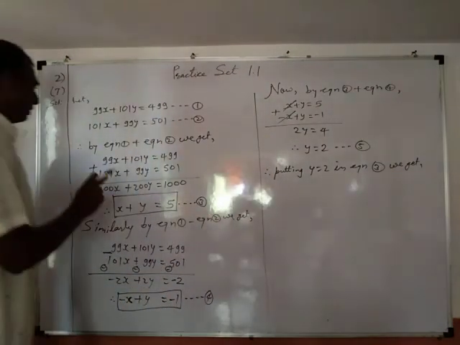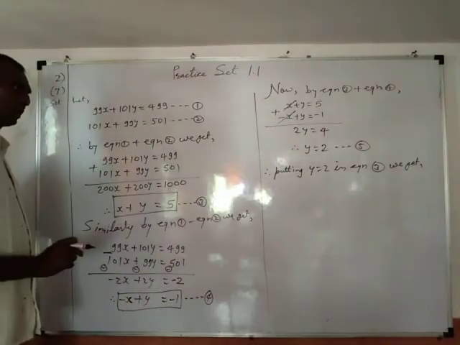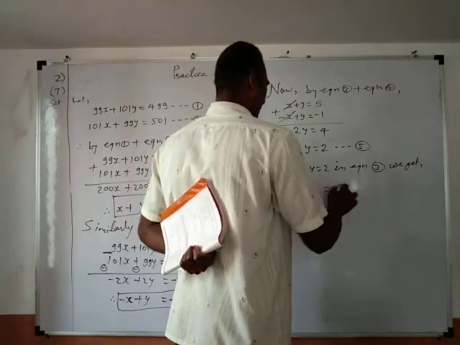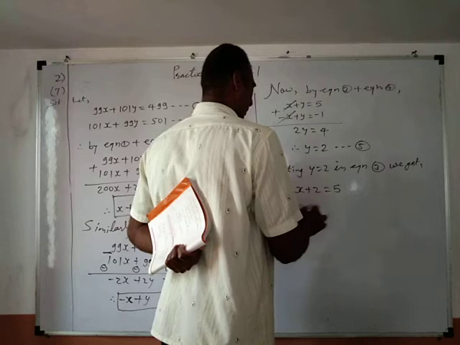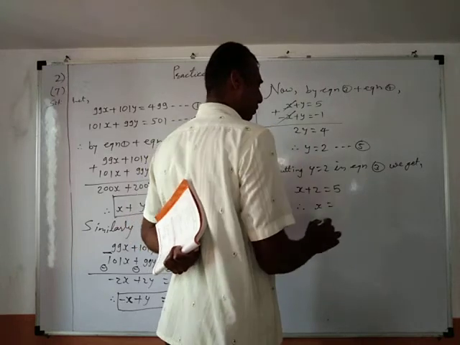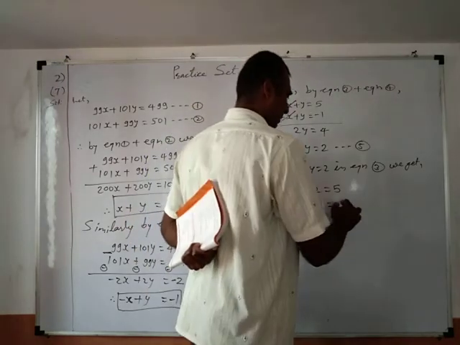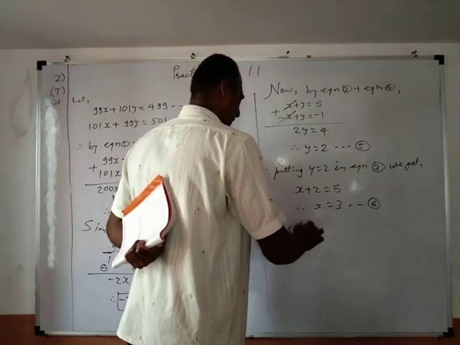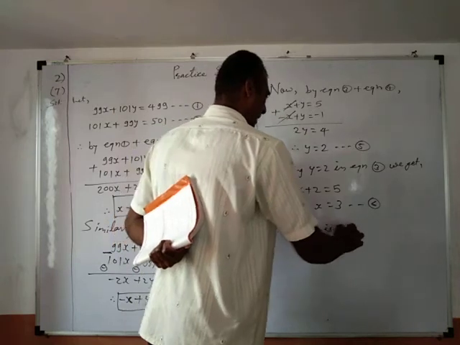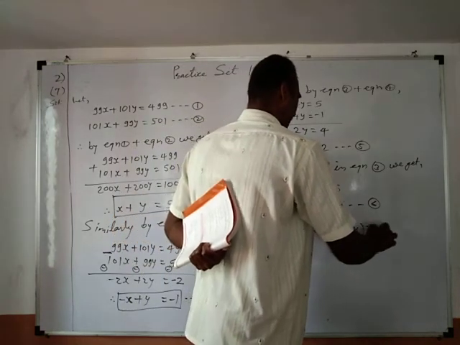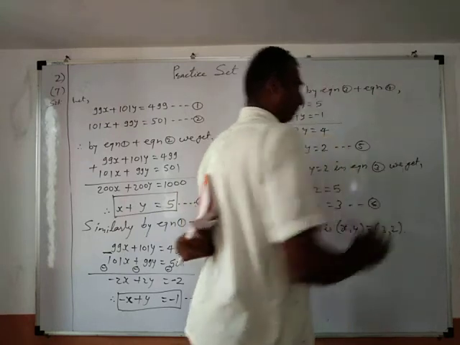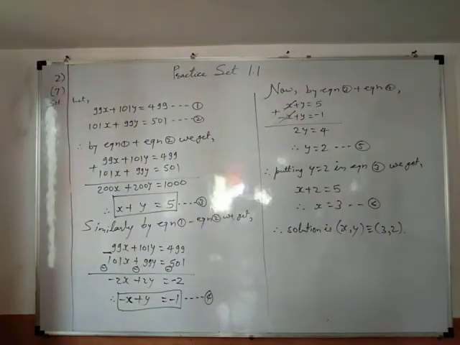Equation 3 is x plus y equal to 5, and that equation will become x plus 2 equal to 5, and therefore x equal to 5 minus 2, and 5 minus 2 is 3, and therefore the solution is x comma y, which is 3 comma 2. Okay, this is the solution of this pair of simultaneous equations.